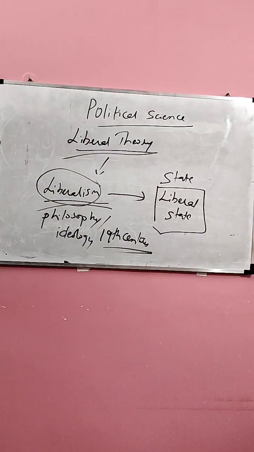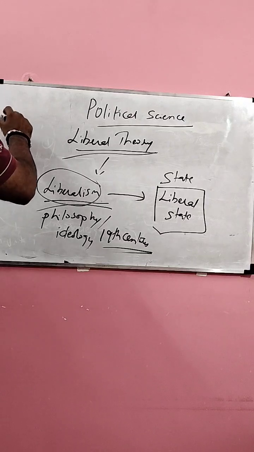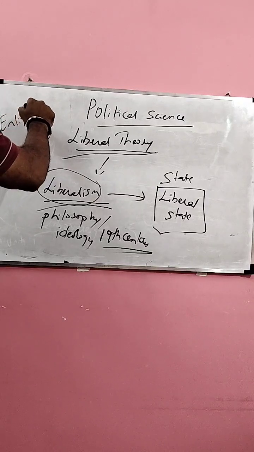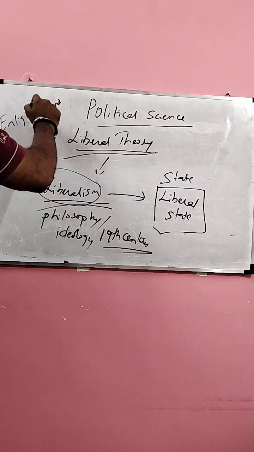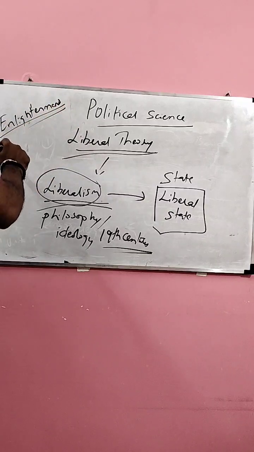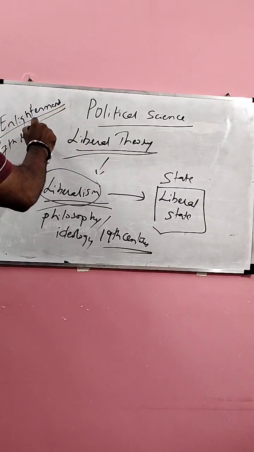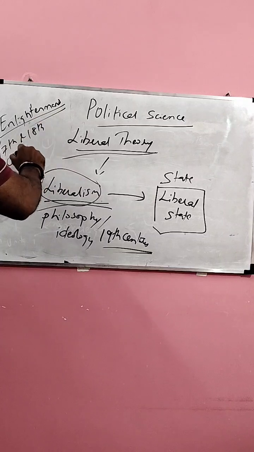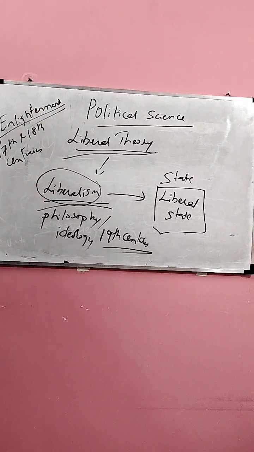But liberalism itself was influenced by the development, enlightenment, which happened in 17th and 18th centuries in Europe. So enlightenment was a development, it was a transformation of the society in Europe. So enlightenment was influencing liberalism.